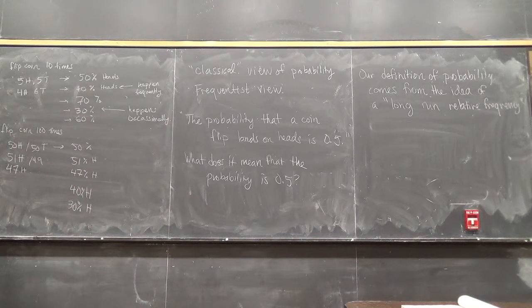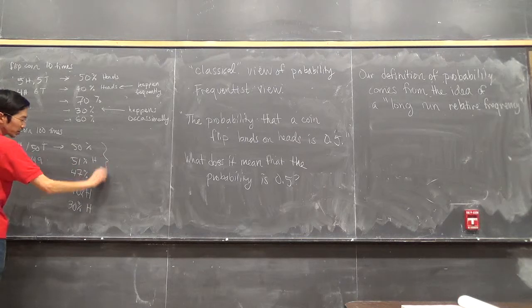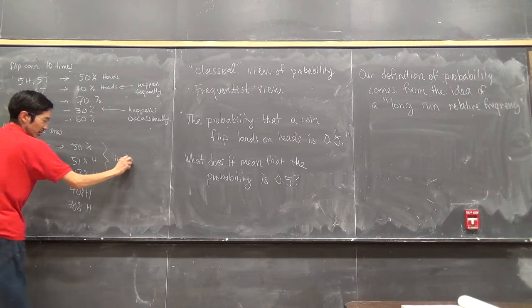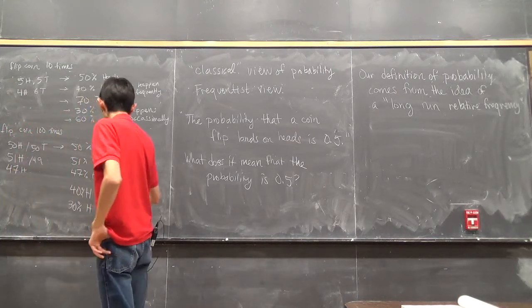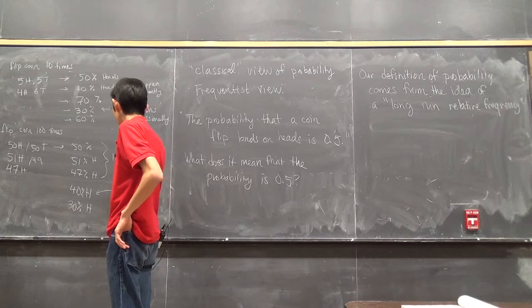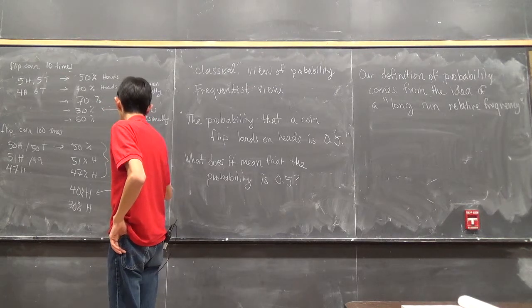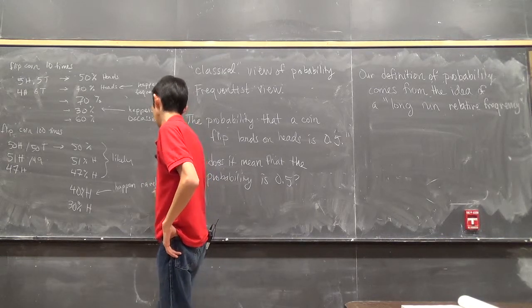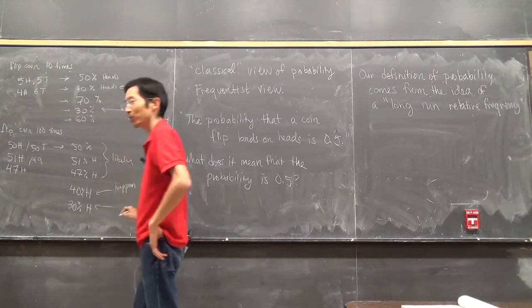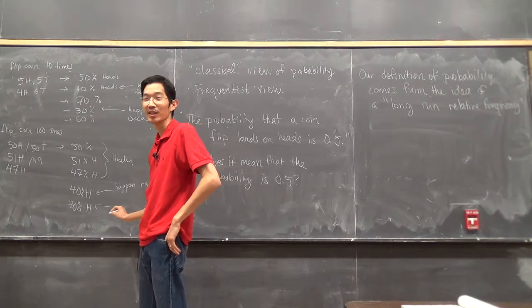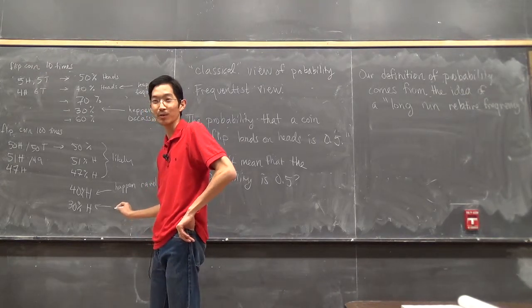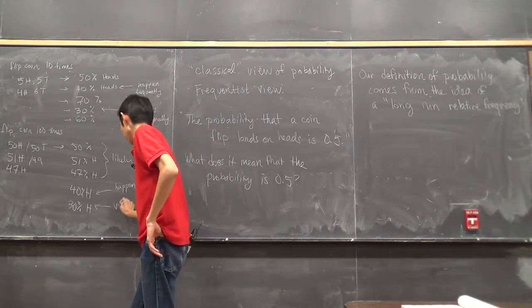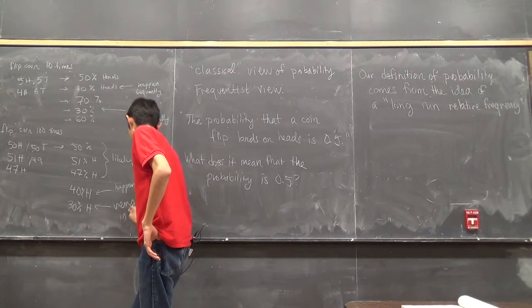Meanwhile, when we're flipping the coin 100 times, these ones seem likely. 40% heads seems to happen rarely. And 30% heads would seem to happen incredibly infrequently, so I'll write very infrequent.